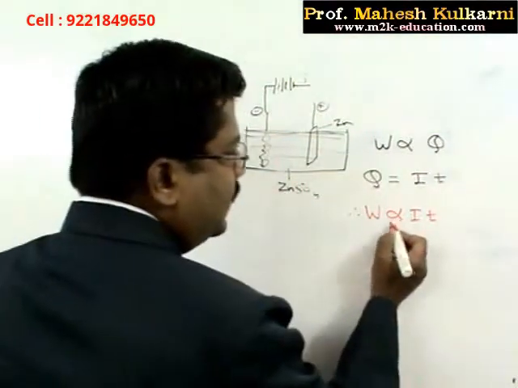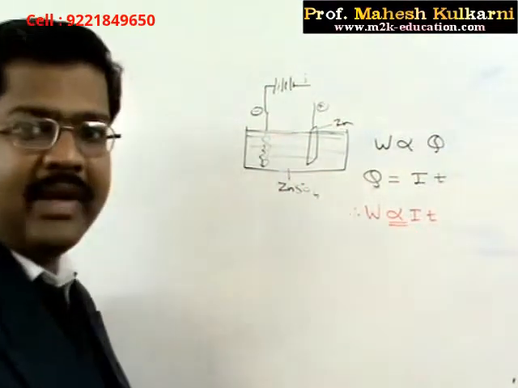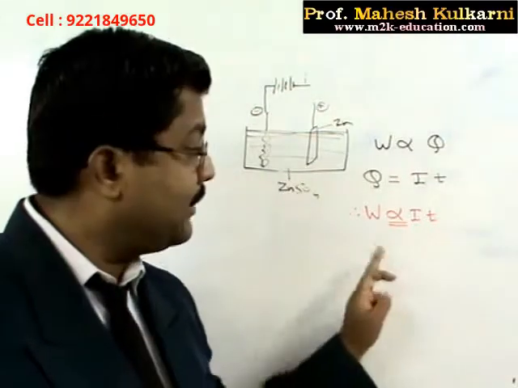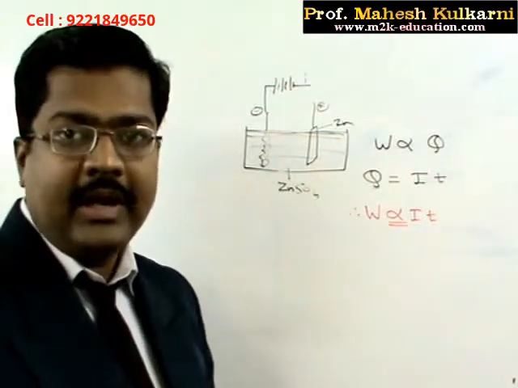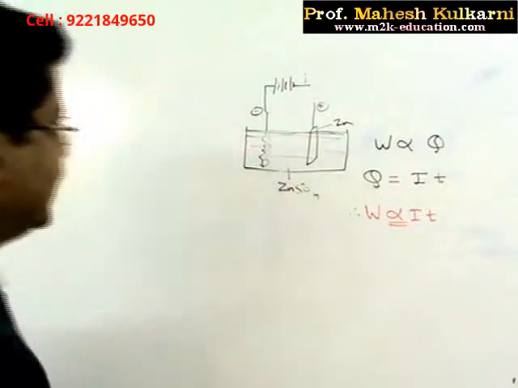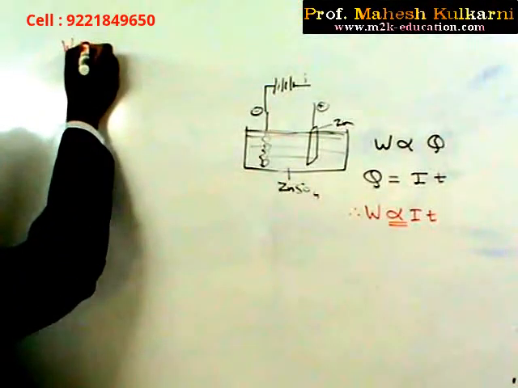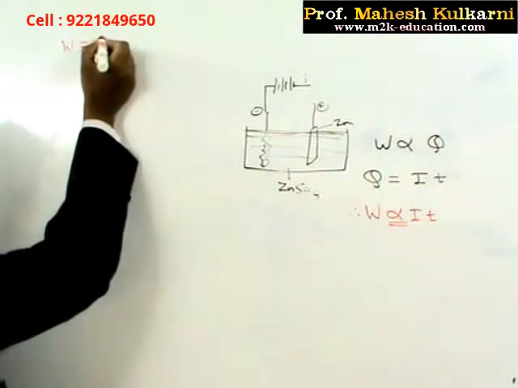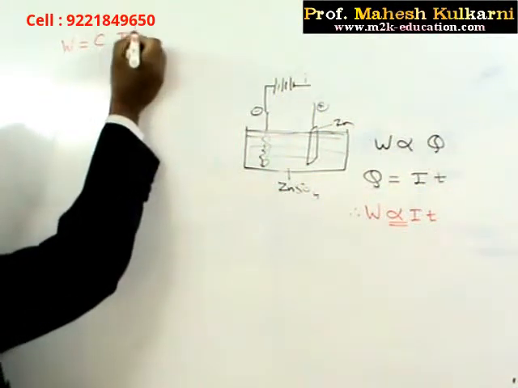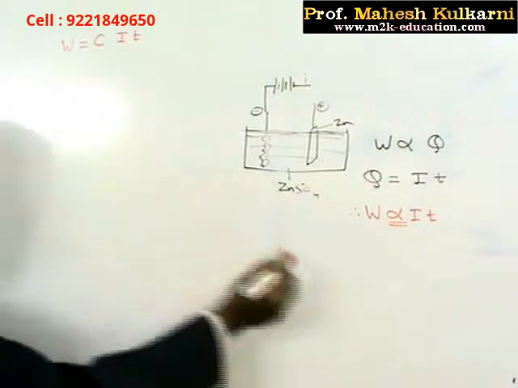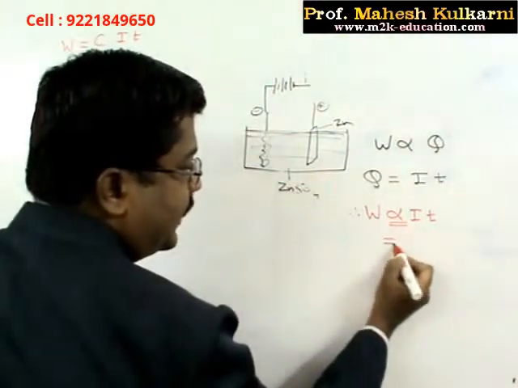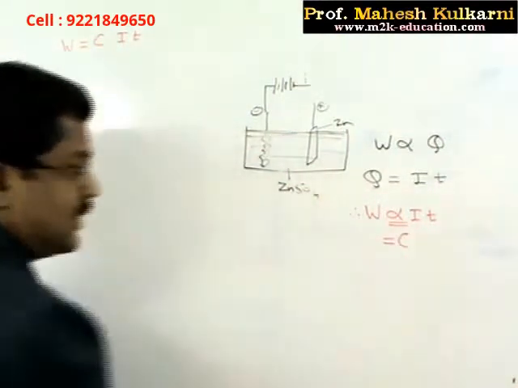Now I am not able to carry out my work with direct or inverse proportionality. Instead, I have to establish an equation. So W is equal to some constant into I into T. The proportionality sign can be removed by putting an equality sign and some constant.